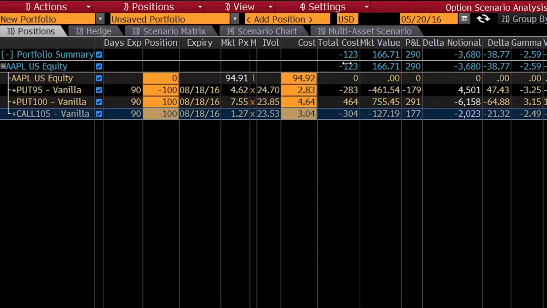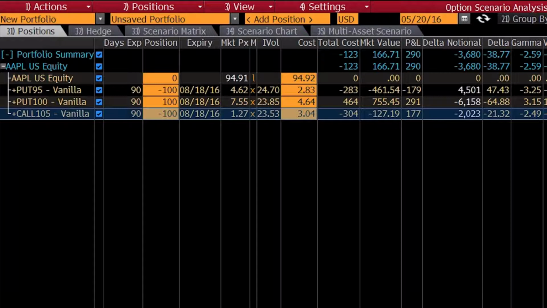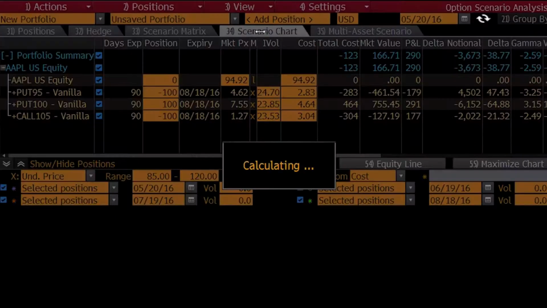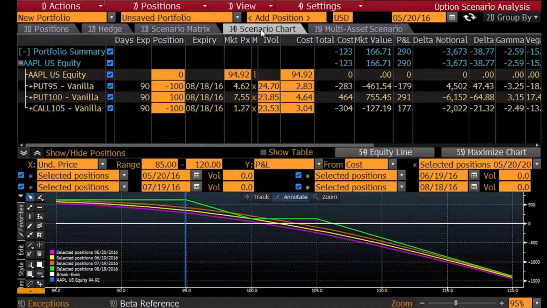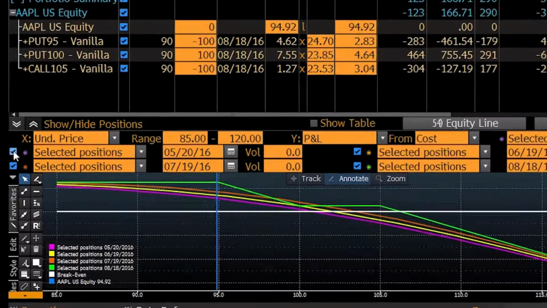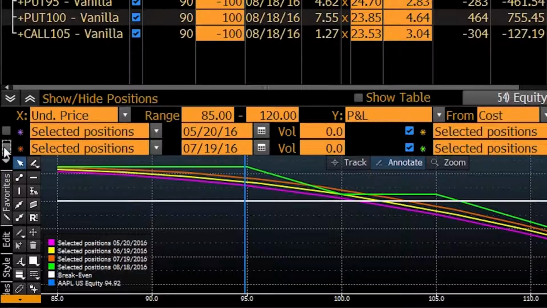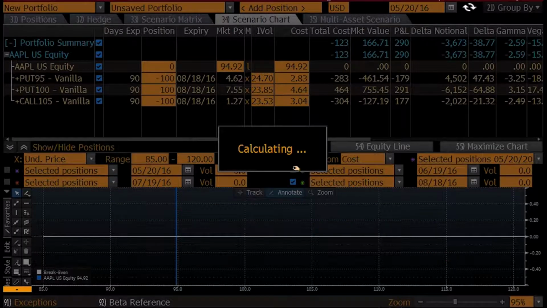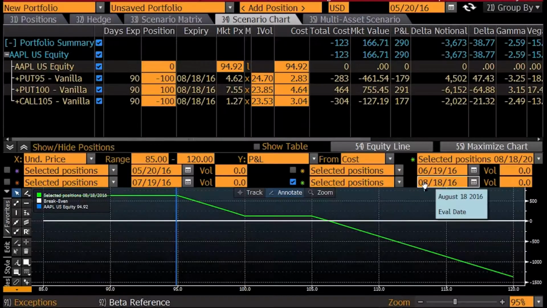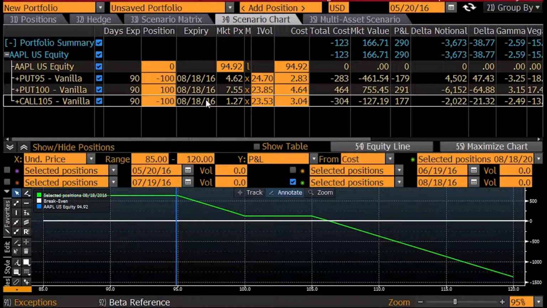You'll see those presently. What is the break-even level of the strategy? Now, we're going to go straight to the scenario chart. We're going to switch off the expiries, which are prior to expiry. These will be very useful in later exercises, but right now I'm going to switch them off. And I'm just leaving the 18th of August expiry, as you can see.